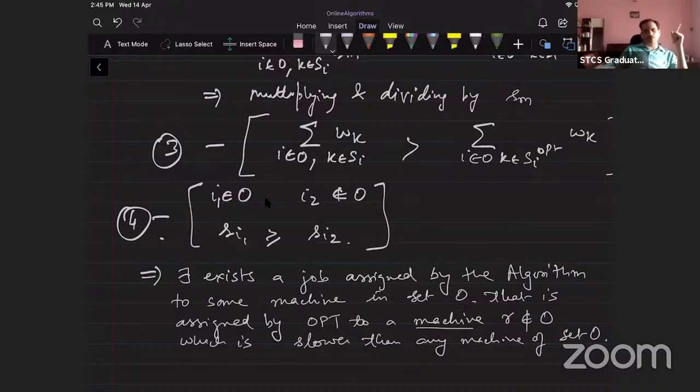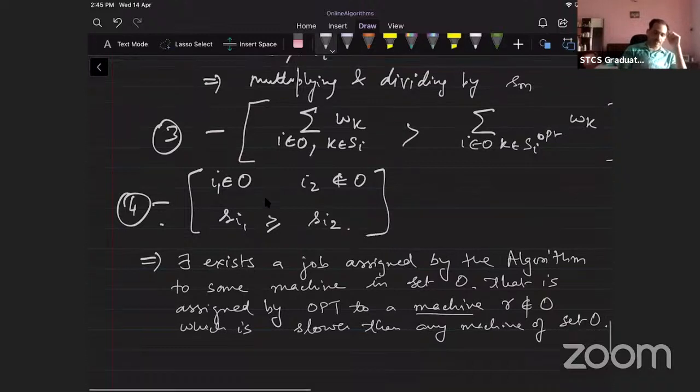So that is what we are trying to argue, that given that this job J is unassignable to any machine, there must be some other prior instant at which a job must have been assignable to a machine which is slower than the machine which the algorithm used. So that is what we are trying to do.